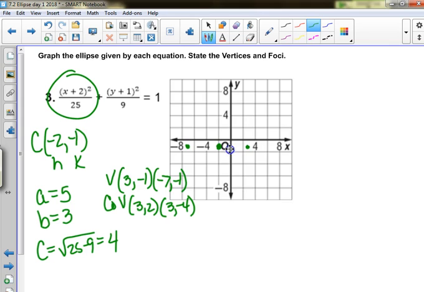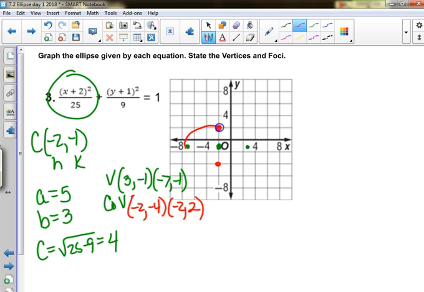What? What did I just do? Okay, let me try that again. I'm going up and down, so negative 2 stays the same. Negative 4 and negative 2, positive 2. Is that better? Negative 2, negative 4, and negative 2, positive 2.